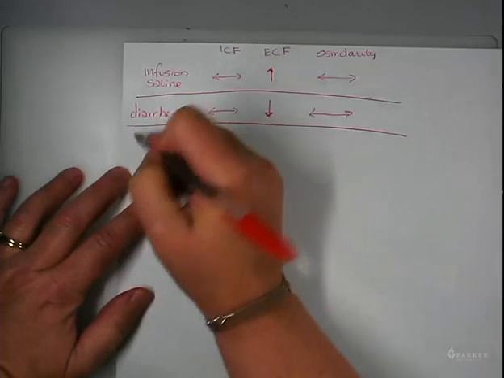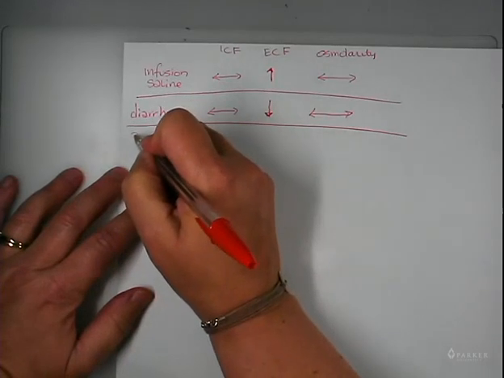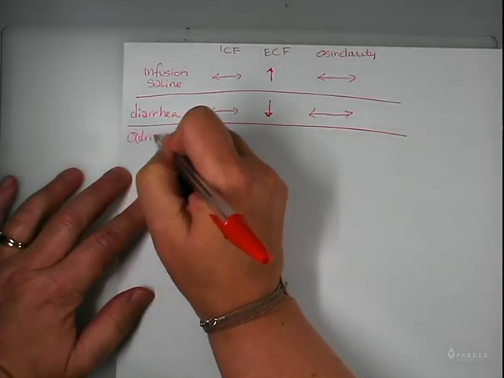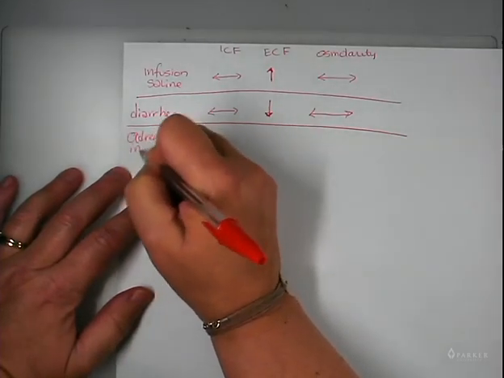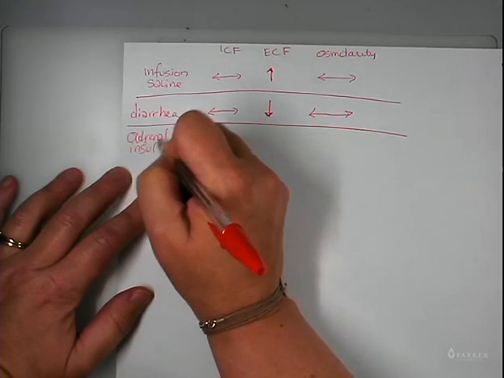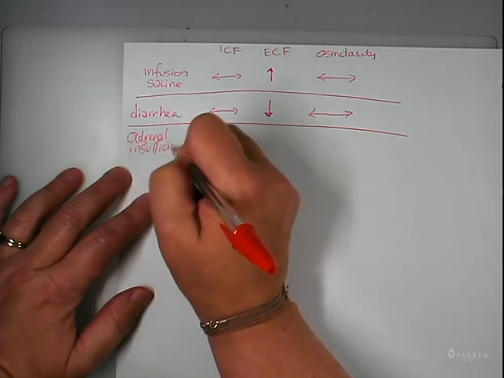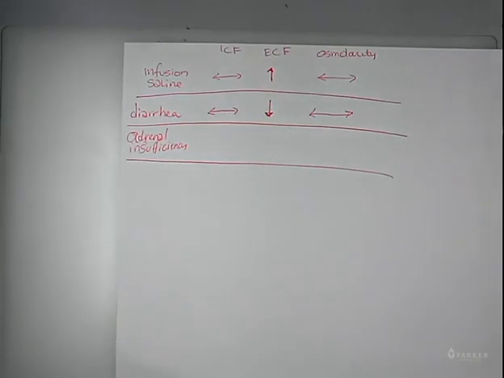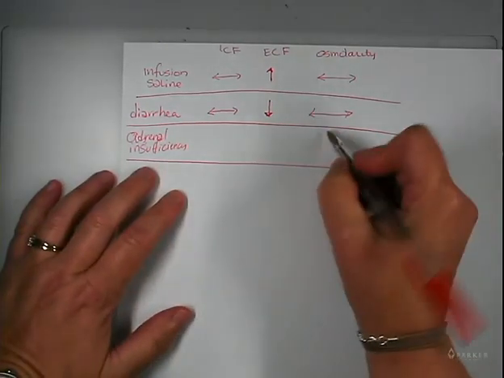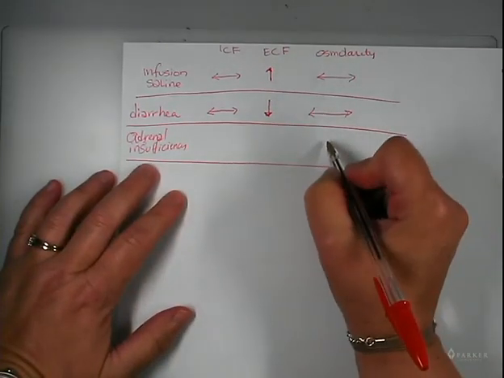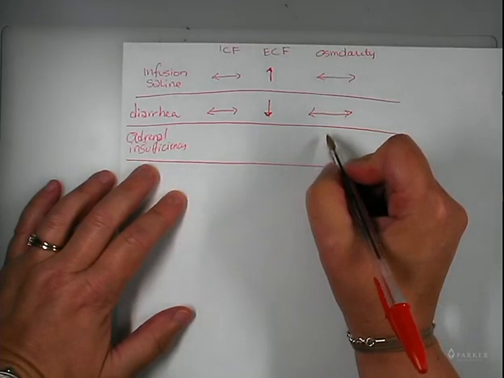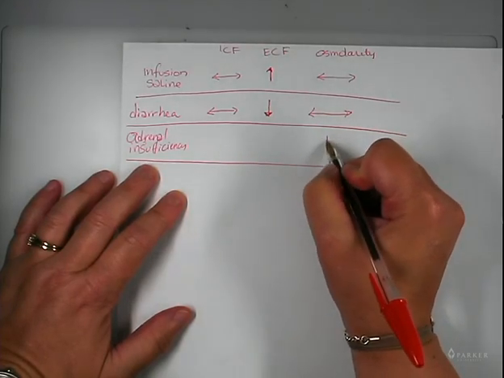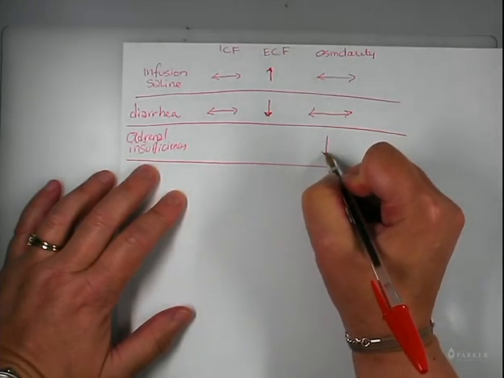Then we had adrenal insufficiency, lack of aldosterone. Okay, so that one, what do we put? Osmolarity did what? Lack of aldosterone, you can't hold on to sodium. It went down.